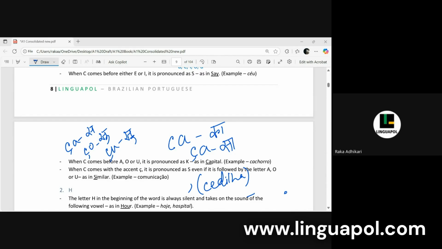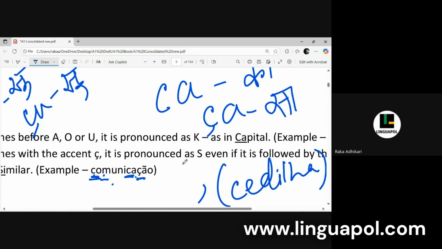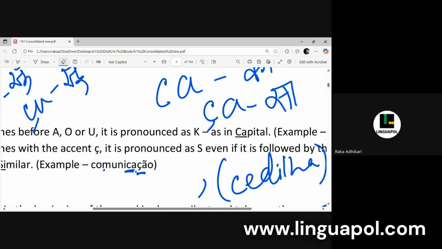It will not change. Look at this word, comunicação. So first we have co, then we have ka, but then again we have the same combination ca, but we have the accent under the letter c. That's why it becomes sa. And there's another thing here, we have an accent on top of a also. We have this wave-like accent on top of a, which represents a nasal sound.